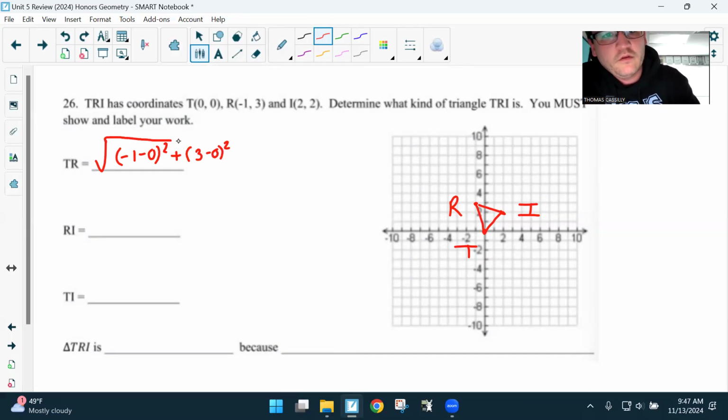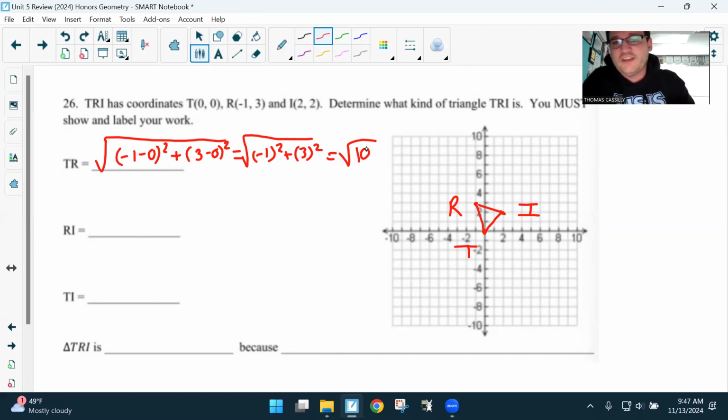If we square root all of that, we end up with -1 squared plus 3 squared. And then we square root this whole thing. -1 squared is 1, and 3 squared is 9. So this is the square root of 10. If we can break it down, we should try, but square root of 10 does not simplify. So that one is done.